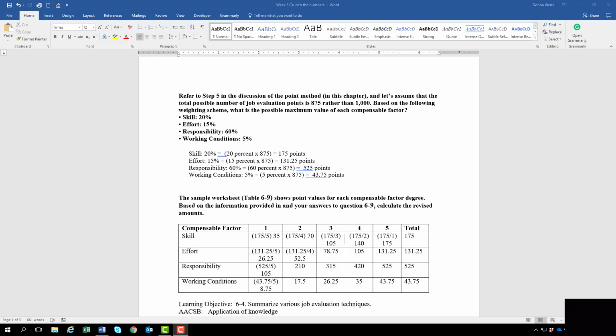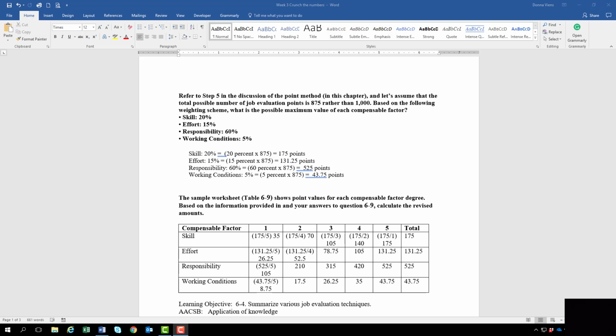So in this situation, let's assume that the total possible number of job evaluation points is 875 rather than 1,000. Based on the following weighting scheme, what is the possible maximum value of each compensable factor? Skills, we're going to say, is 20%, effort is 15%, responsibility is 60%, and working conditions is 5%.